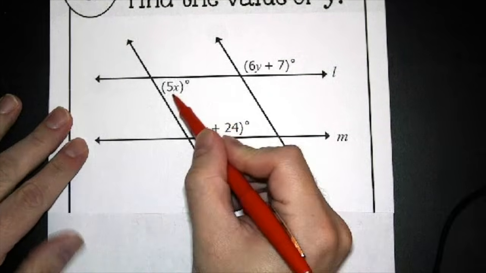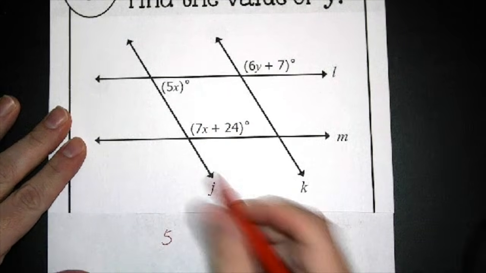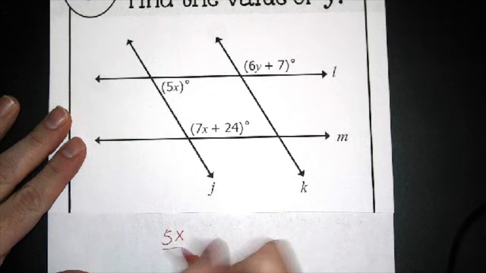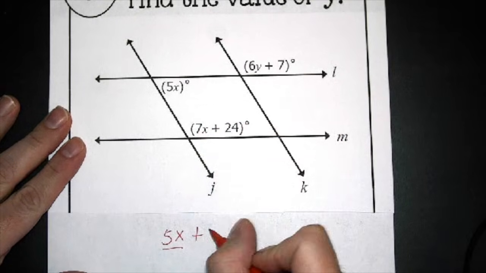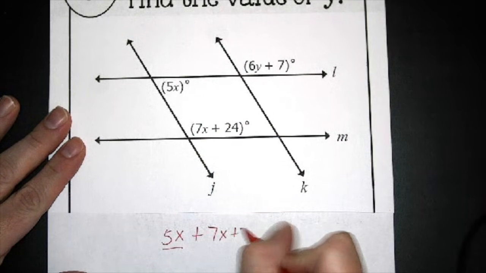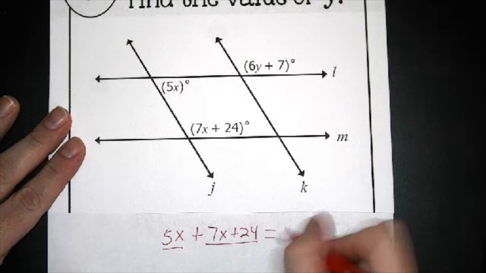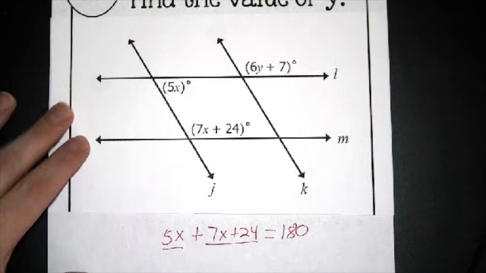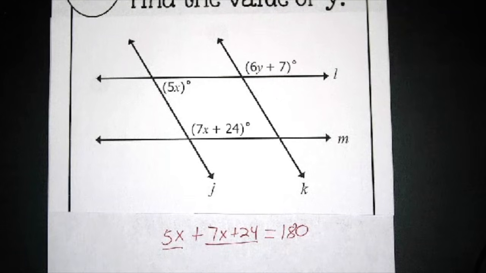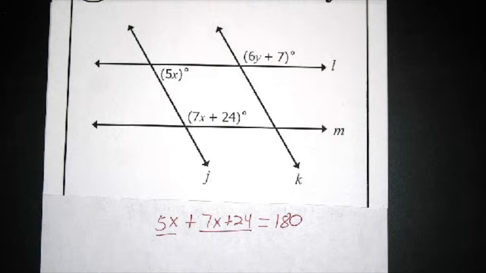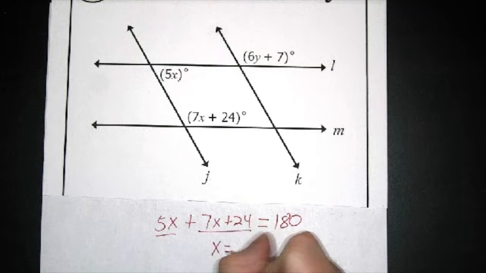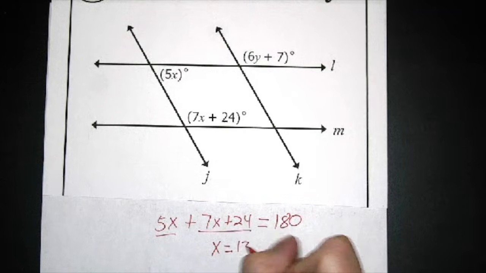So I'm going to take 5x and I'm going to add it to the other angle, which is 7x plus 24. And since they're supplementary, it has to equal 180 degrees. So I'm going to put that in Insolve and find out what x is. Okay, after I solved it, I found out that x is equal to 13.